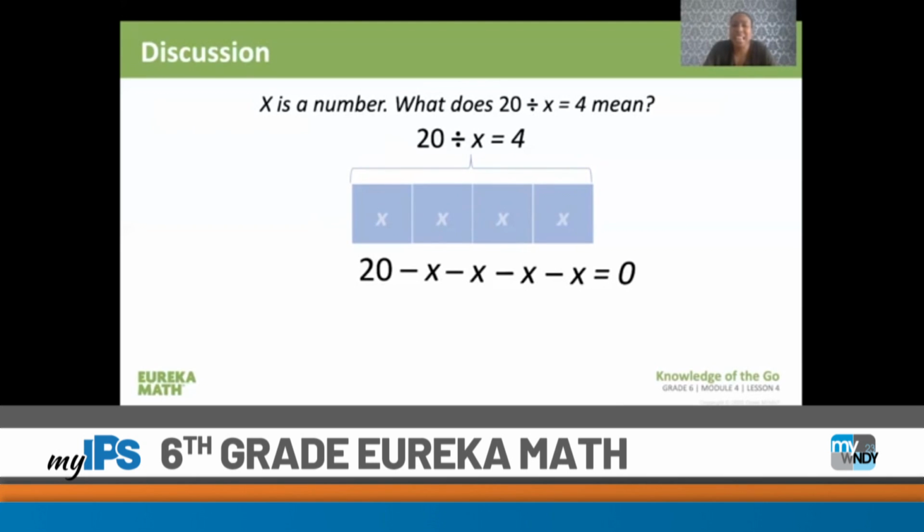Here, we see that exactly 4 x's can be subtracted from 20. What must x be in this division sentence? Five.